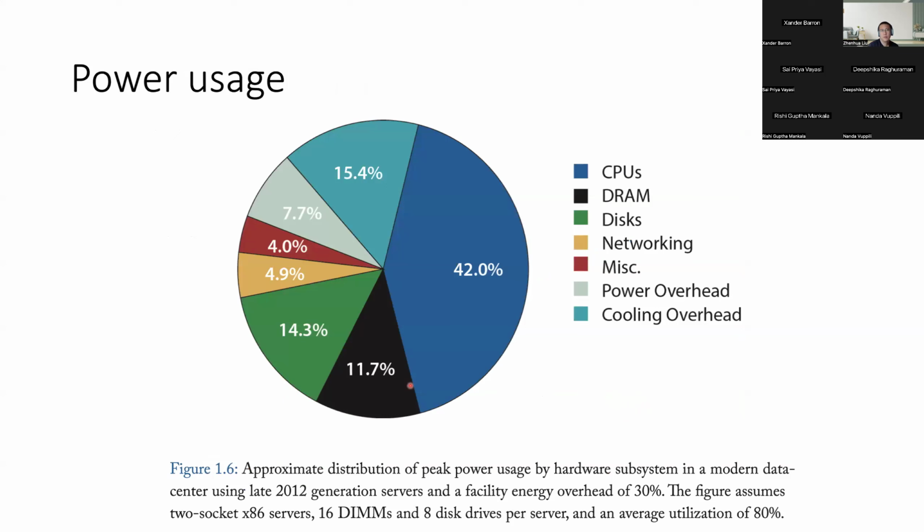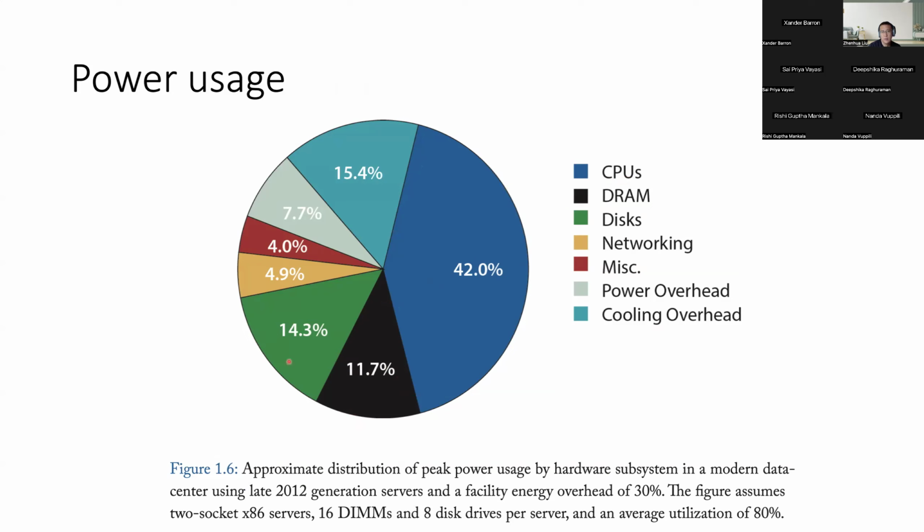Okay, power usage. This is a very important problem now. But you can see how it looked in the old days. The CPUs take almost half of the total power usage, and the DRAM 11% or 12%.